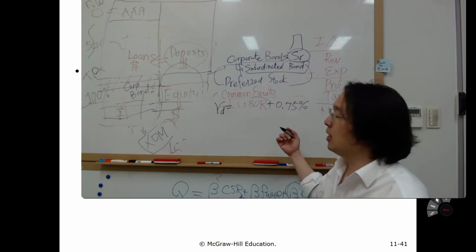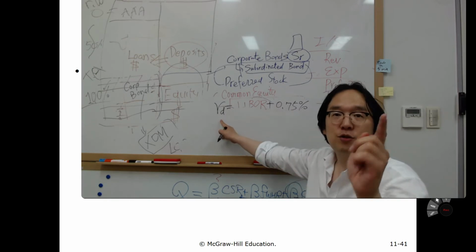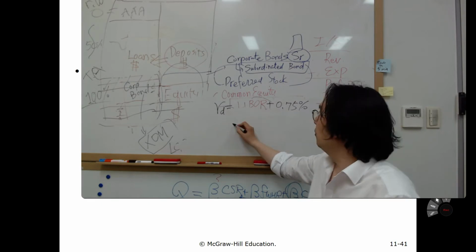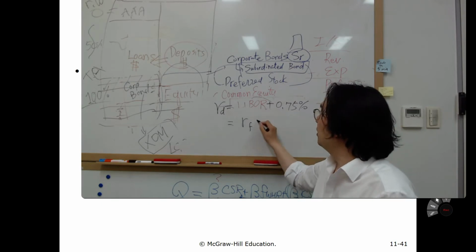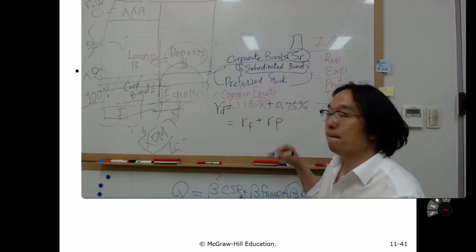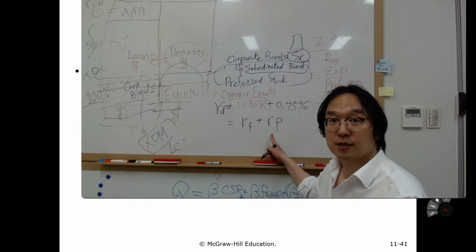If you look at it closely and remember what you did in your intermediate corporate finance class, what was your RD? You started with risk-free rate plus some risk premium, a default spread kind of thing.